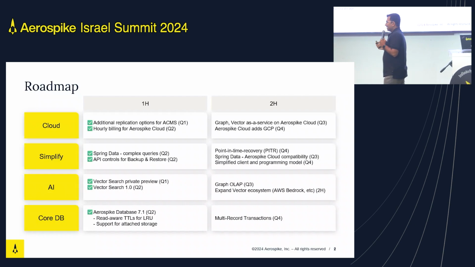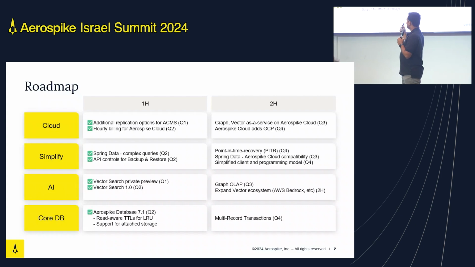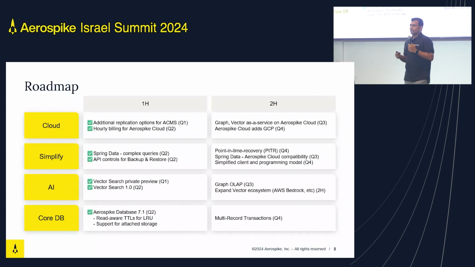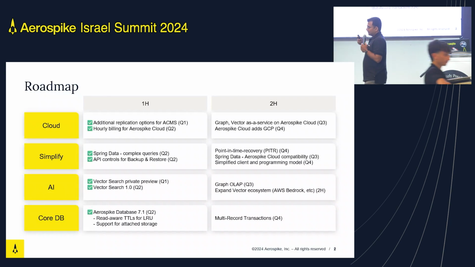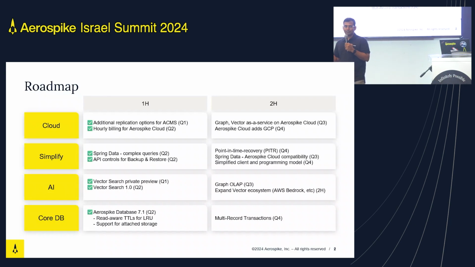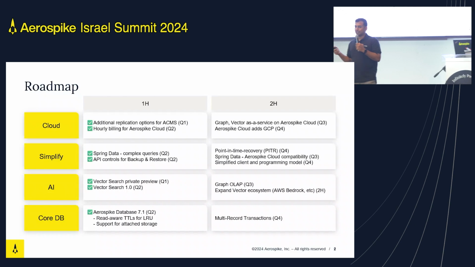The other one I will briefly touch on is the cloud. Cloud has two components: one is the DBaaS and the other is the ACMS. In both these departments, we will be adding more capabilities, different billing schemes and things like that. And the vector search and the graph capabilities also will be added to the cloud.